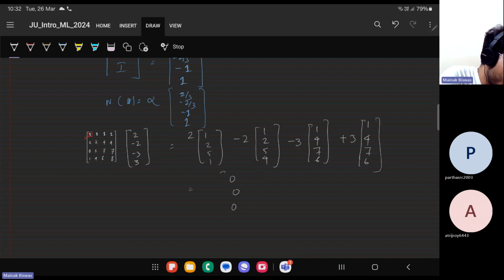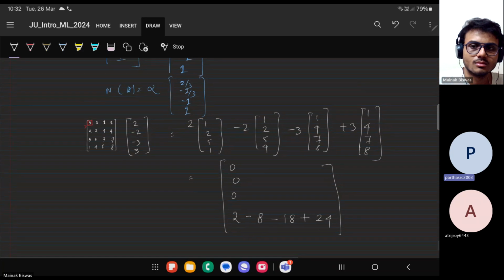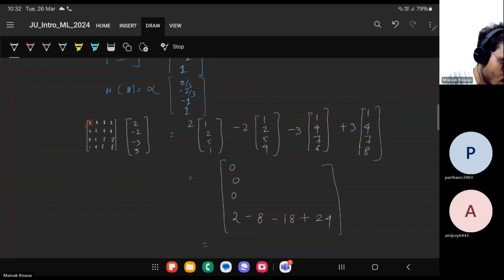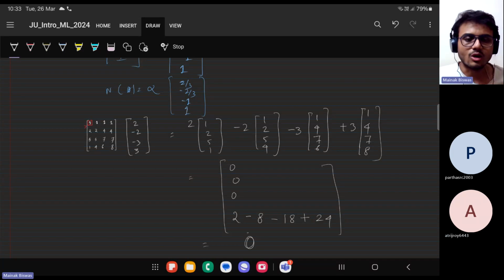And the fourth column is 2 minus 8 minus 18 plus 24, right? Is it 0? Yes, it's okay. So you understood how to get the null space.